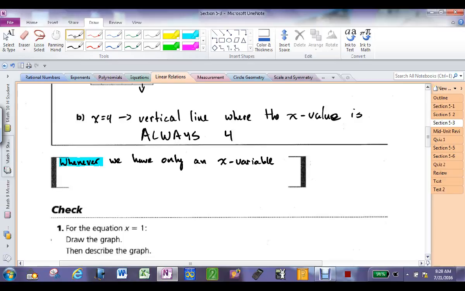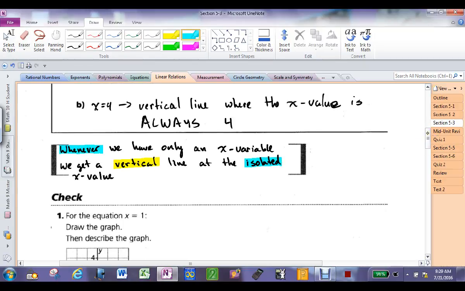Whenever there is only one x variable, we get a vertical line at the isolated x value. Now here's what I mean by that. We get a vertical line at the isolated x value. We're going to talk about what I mean by that in a moment.